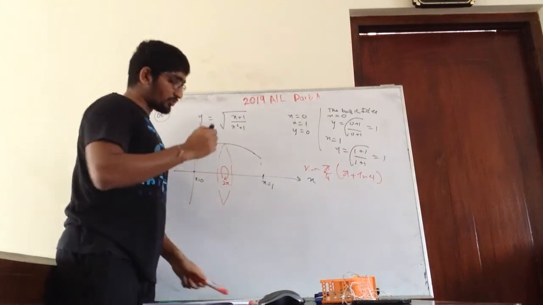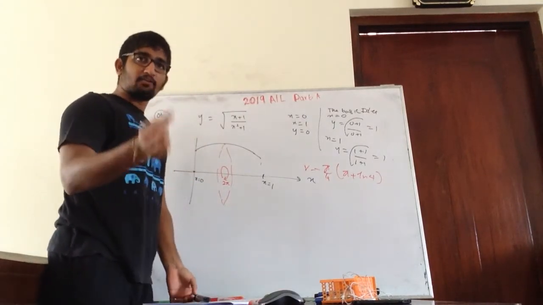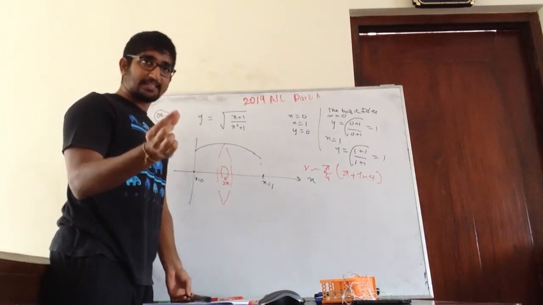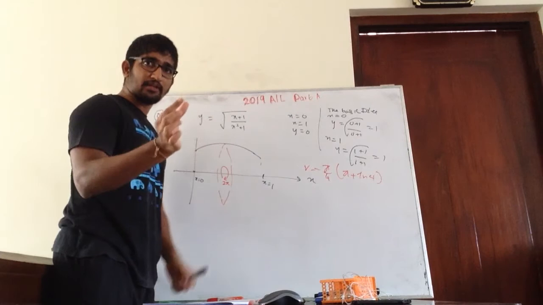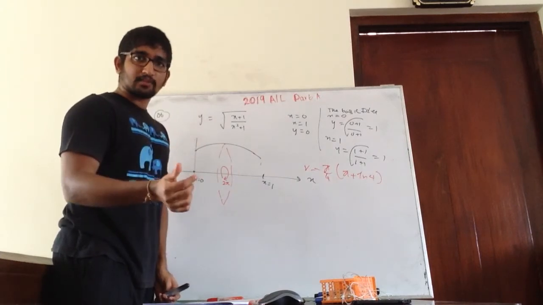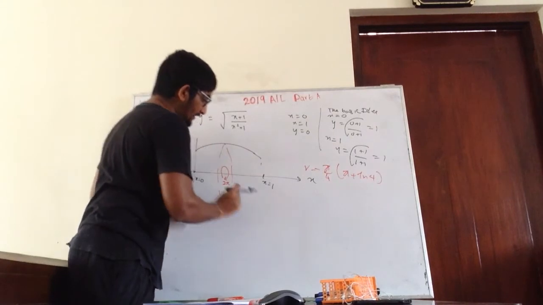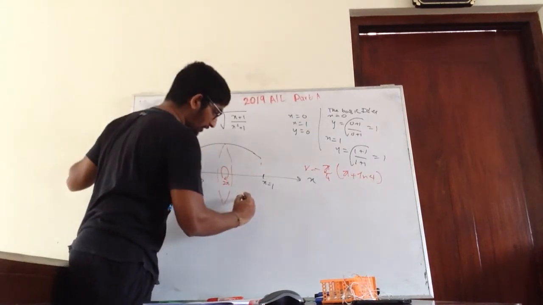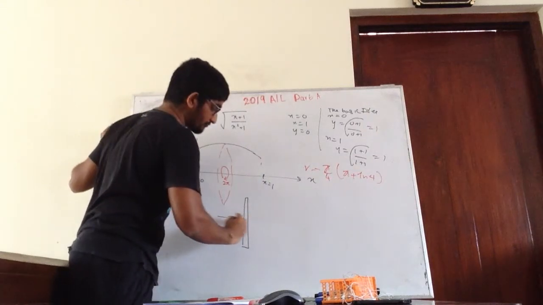Right? So now what I am going to do here is I am going to first of all take a volume which has the depth of dx, right? So now if I take a depth of dx, right? So if I take a small part, right? Then I will get something like this. No?